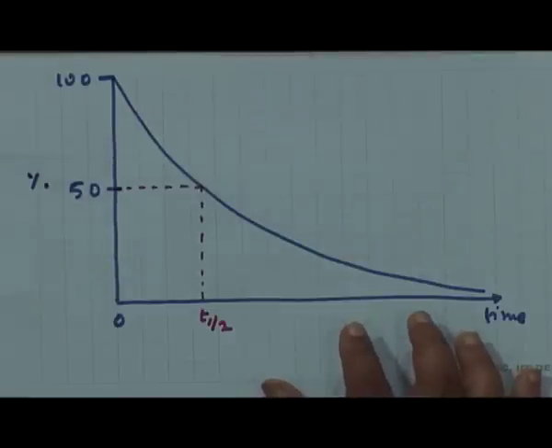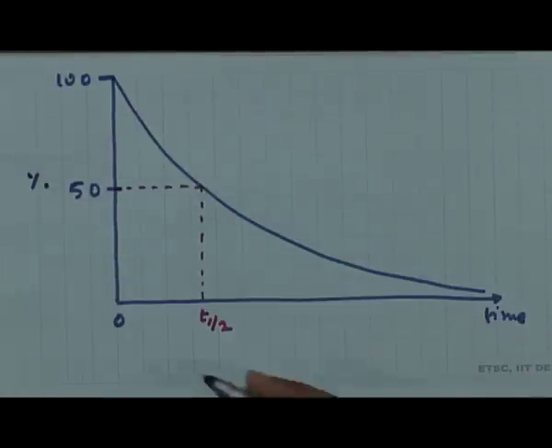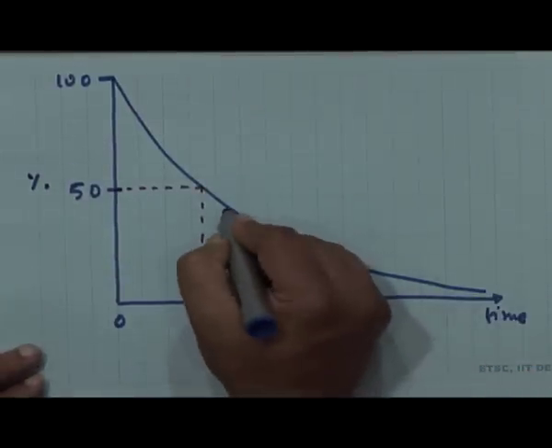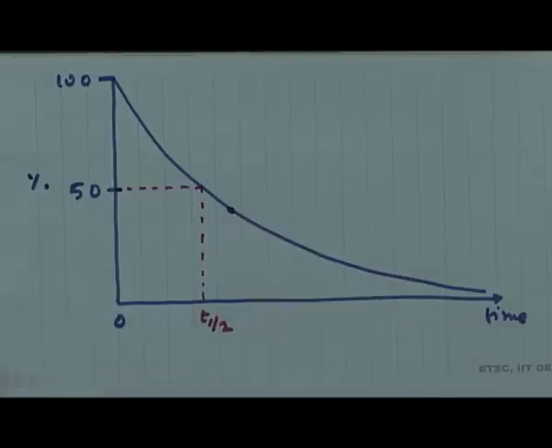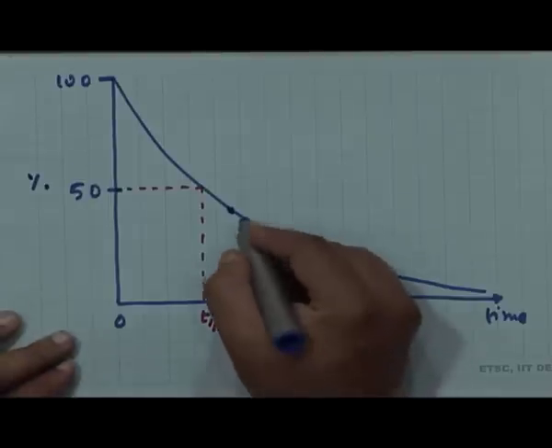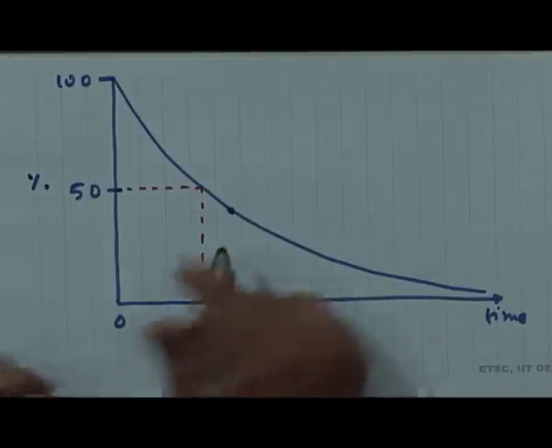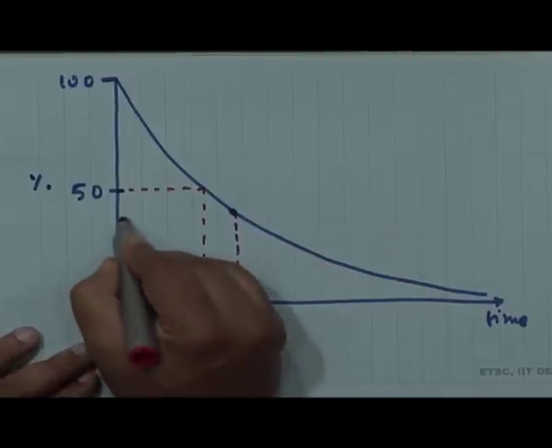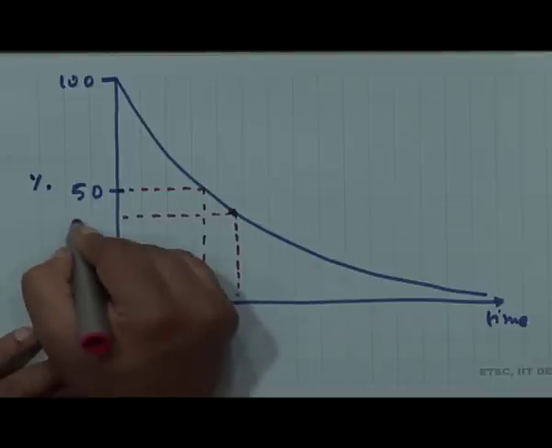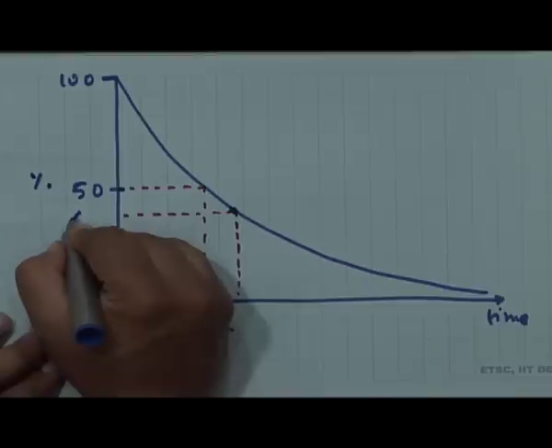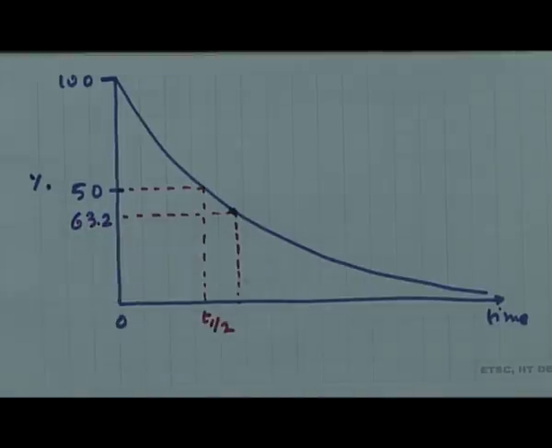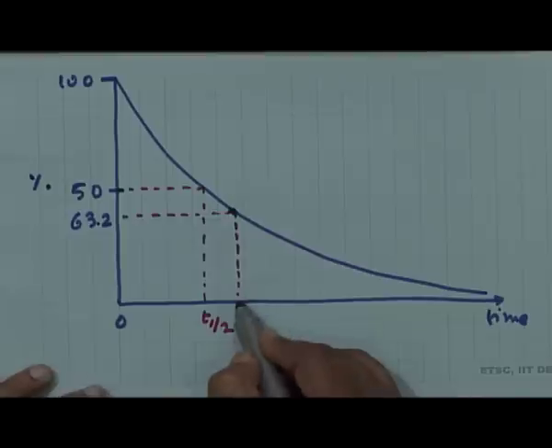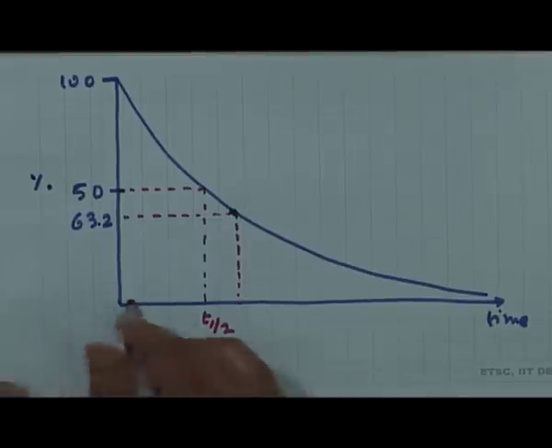So, if I say that this is about 63.2%, then this T on this axis would be referred to as what? It would be referred to as tau.